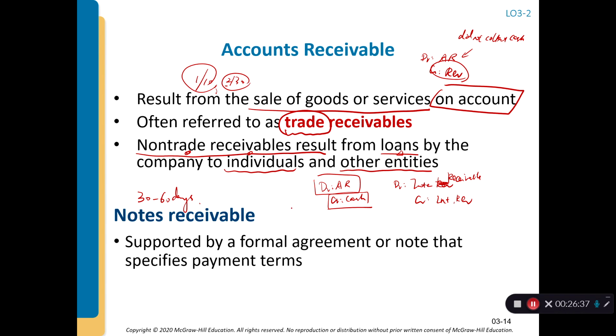So if you loan money to someone else, if you give someone a note payable, saying that you don't need to pay me for 2 years, right? At that time, you pay me back the principal and interest. This kind of loan is not considered accounts receivable. It should be considered a long-term investment.